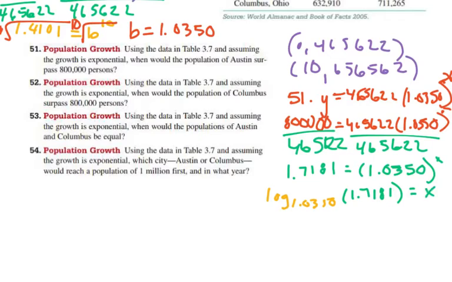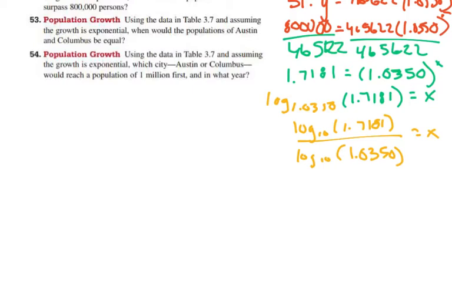So if you have a standard calculator, you're going to be able to just do this in your math and scroll down, but I don't, so I'm going to have to do log base 10 of 1.7181 divided by log base 10, it's a change of base, of 1.0350. Either way, that's going to equal our x, and our x is in years.